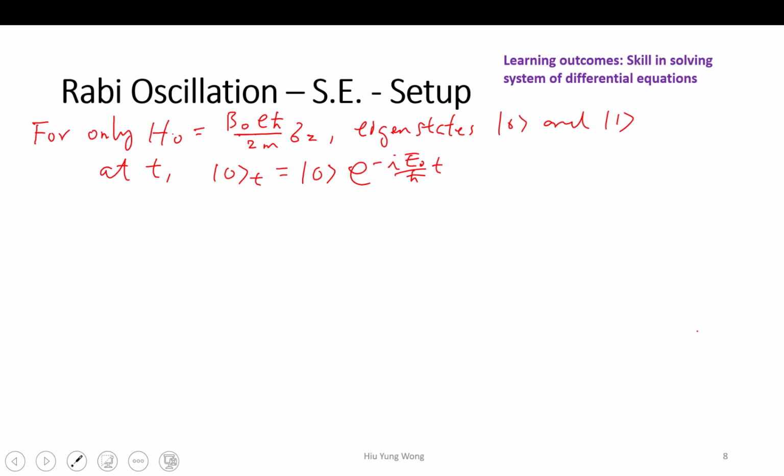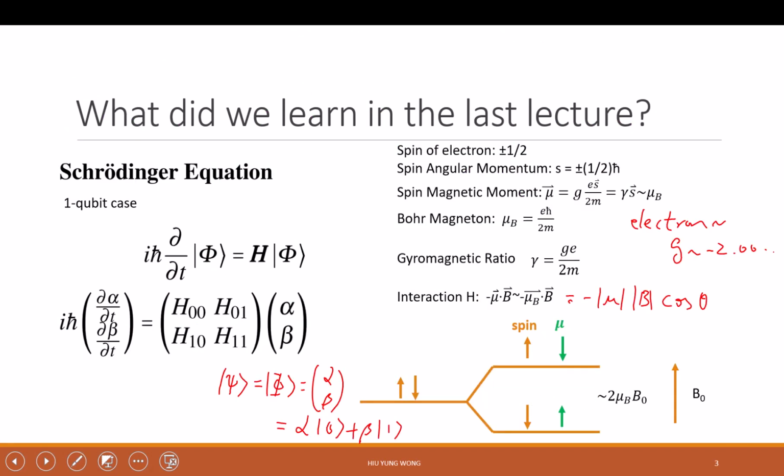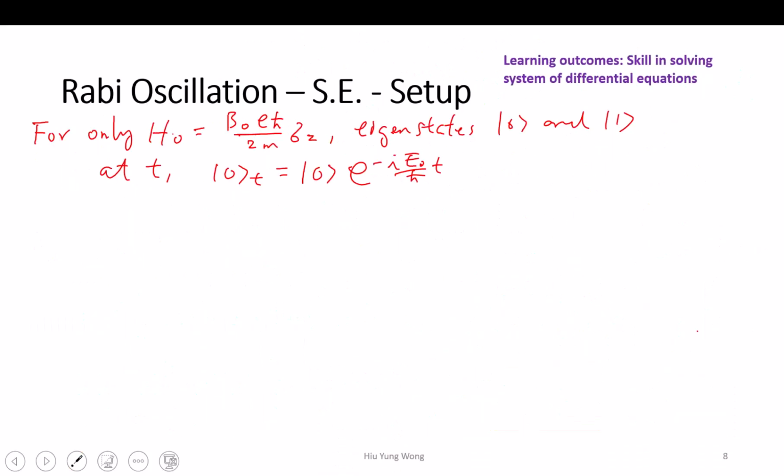So what is the E here? If you remember at the beginning, I showed you that when you apply a magnetic field in the Z direction, you actually reduce this by mu B times B0. So here, actually, I think I need to change this.